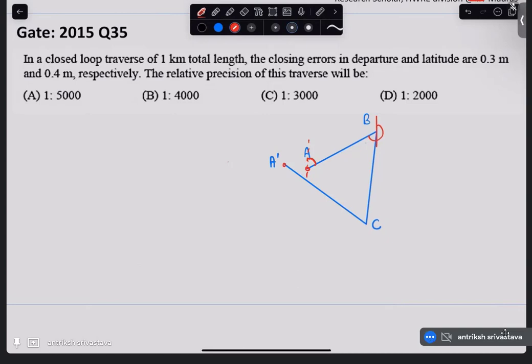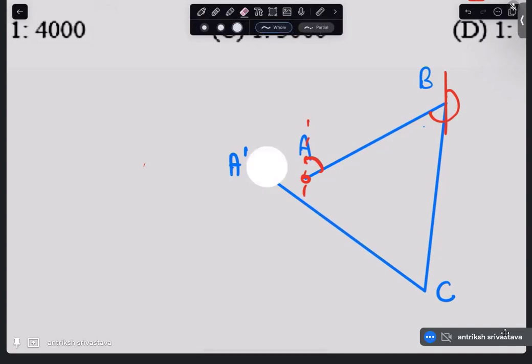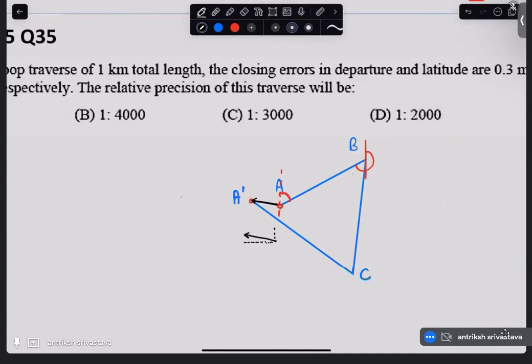What is that error? That error is, let me zoom it just a little bit for a while, and then I will zoom out. So that error is this. That error is the vector joining these 2 points. Now if you take component of this vector, it is going to be in horizontal and vertical direction, right?